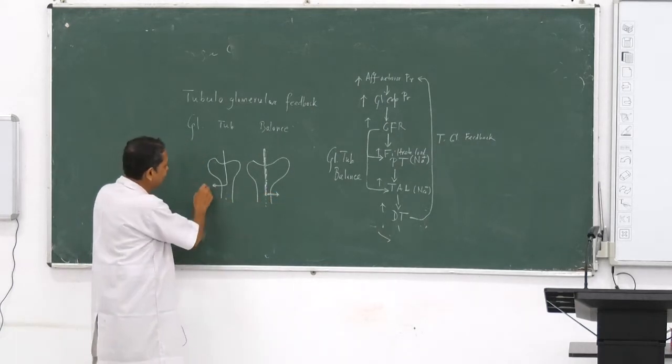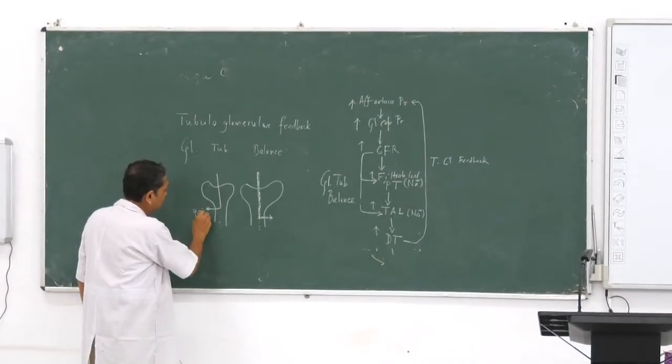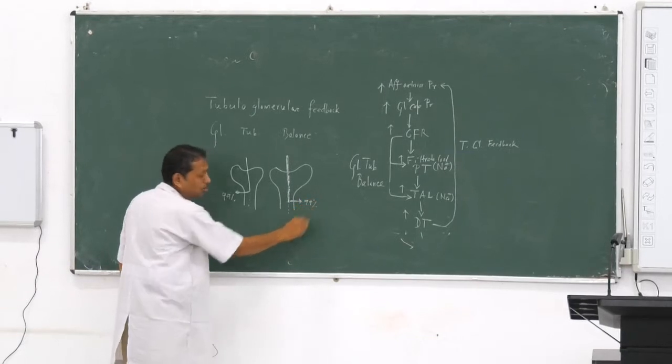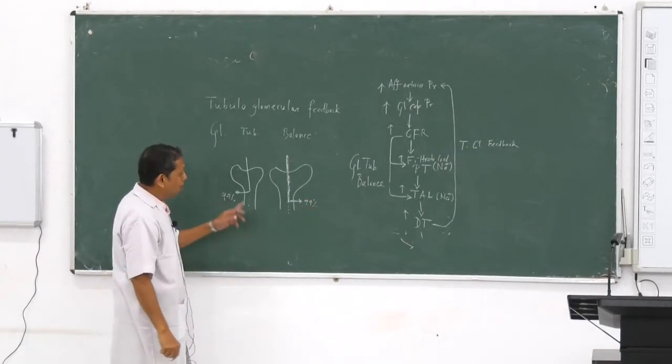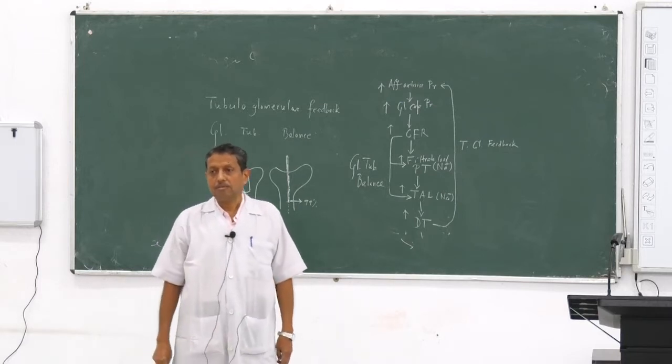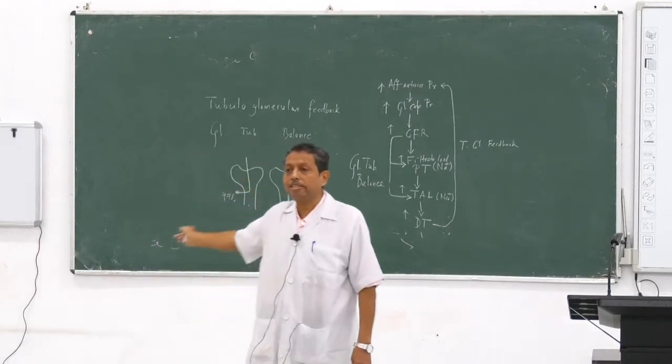Suppose here 99% is reabsorbed, and when the load is increased, here also 99% is reabsorbed. Balance, glomerulotubular balance of sodium. The simple picture will explain this.